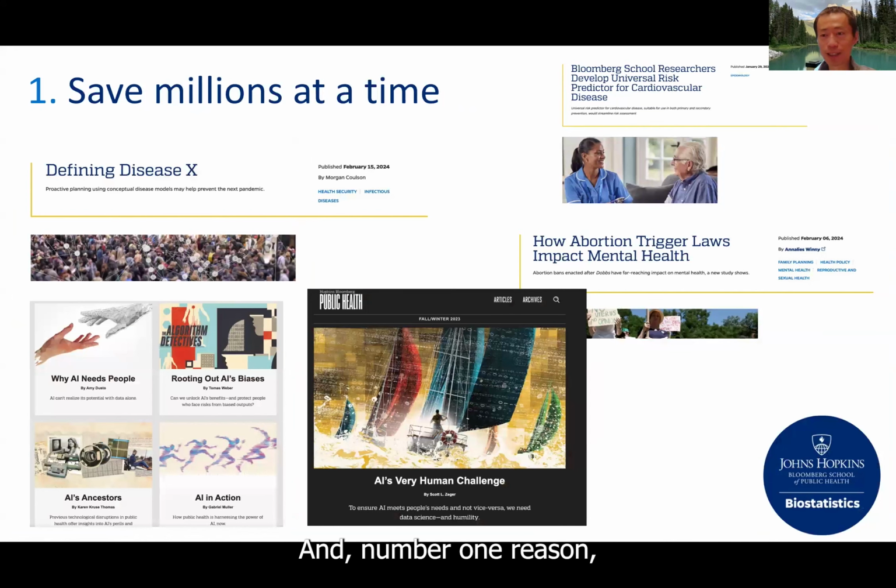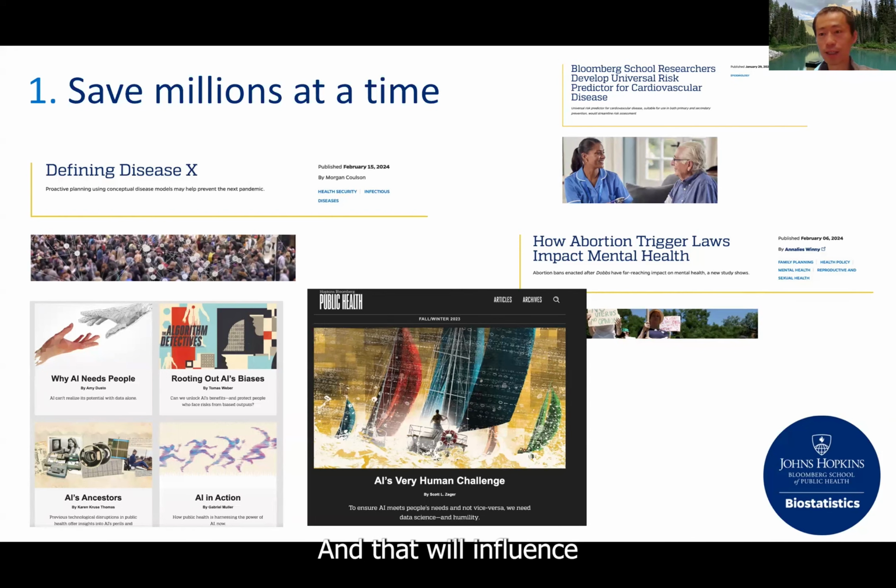And the number one reason, the most important reason, is that when you come here, besides all this supportive environment and happy life, you are also doing important work in research and other things to save millions at a time. So what is public health? Public health is when you are developing new medical solutions or policies to intervene, so that you improve the whole society in terms of health and other things.